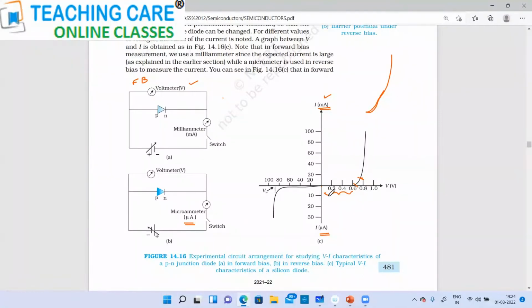Better to draw this now, mark the numbers also. See here, this 0.2 volt. But the current is measured in micro units in the second case.